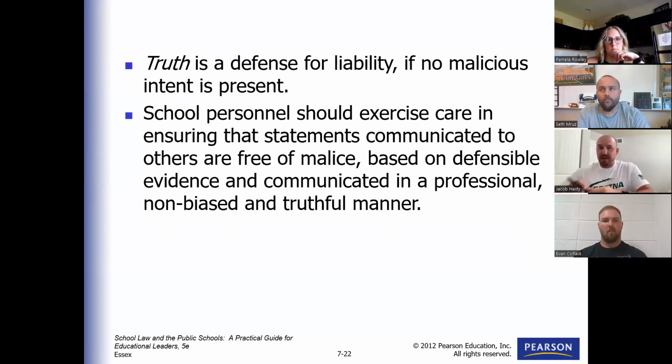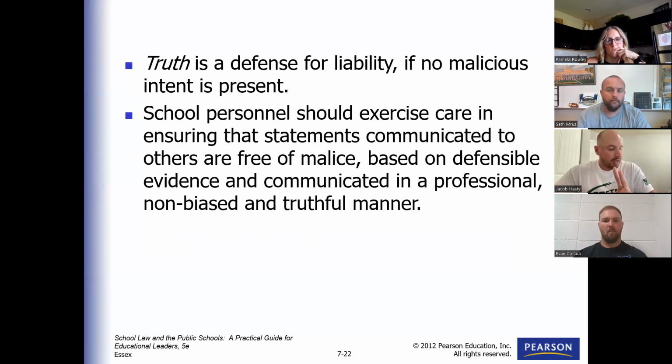It goes on to say school personnel should exercise care in ensuring students communicate to others free of malice based on defensible evidence, communicating in a professional, non-biased, and truthful manner. That's what I think of, especially when communicating to admin or via email or documenting things, to just stick to the point.